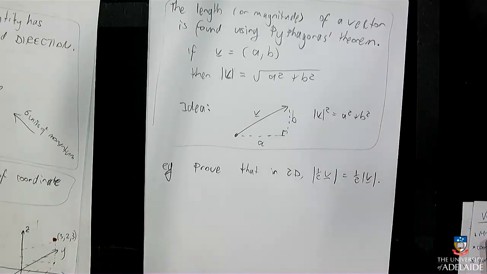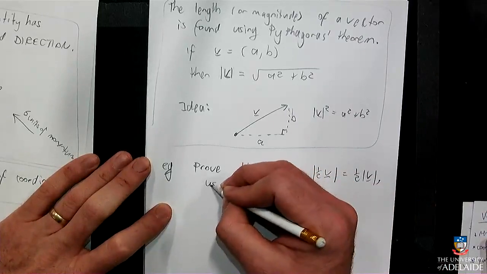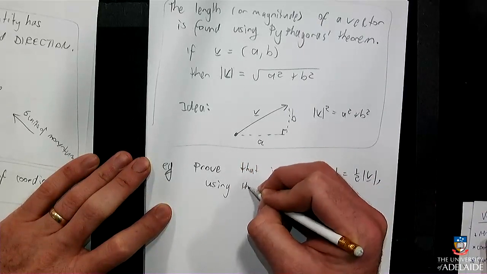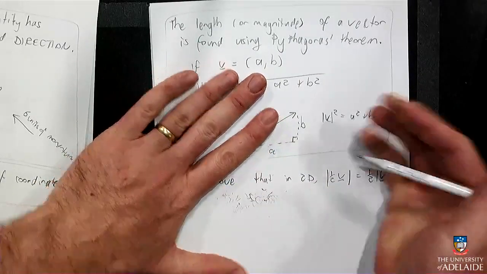As it should be, right? It's the same vector, but it's half as long. Now, I've told you what it is, but I really want to prove it using, you know, by calculating distances, by calculating lengths.